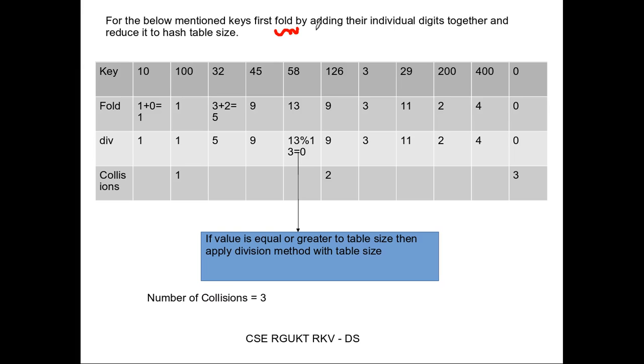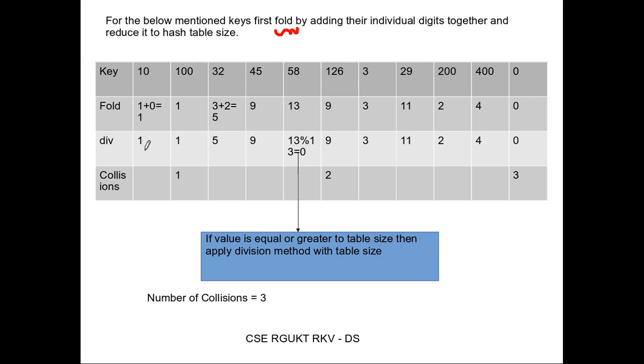Suppose you want to store element 10: we add the individual digits, so 1 plus 0 is 1, and 1 percentile the size of the table, which is 13, is 1. So at index 1 the value will be stored.